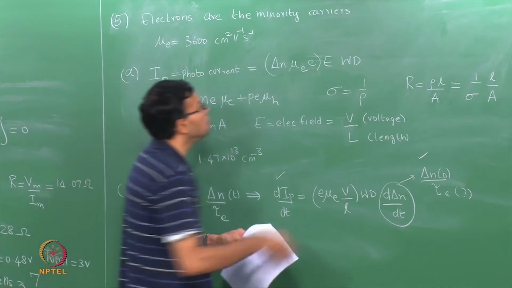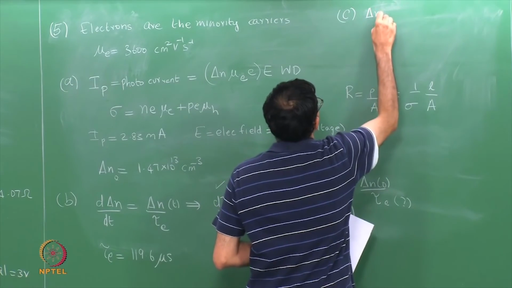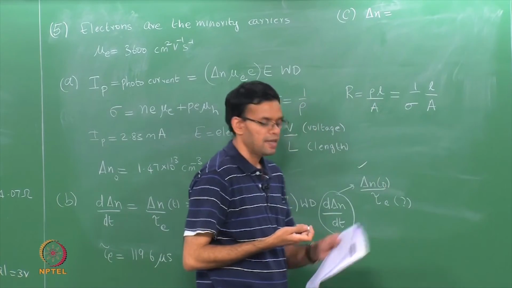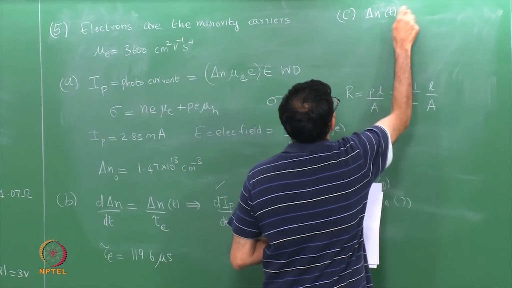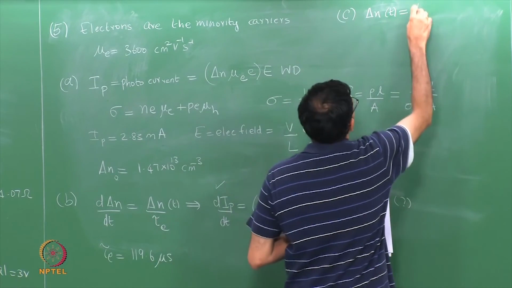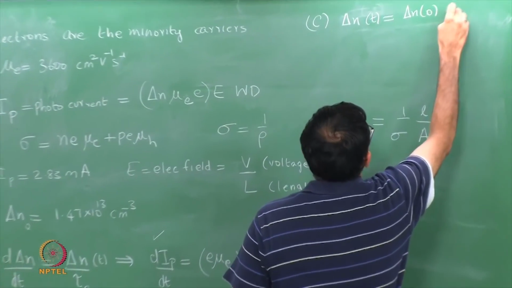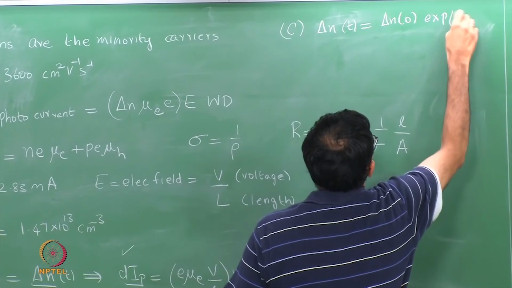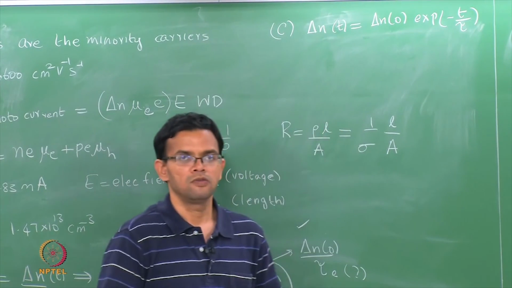Part C, we want to calculate the excess density of electrons and holes 1 millisecond after the radiation is turned off. So, you want to calculate delta n 1 millisecond later. Delta n at time t is nothing but delta n at time t equal to 0 times exponential of minus t over tau.